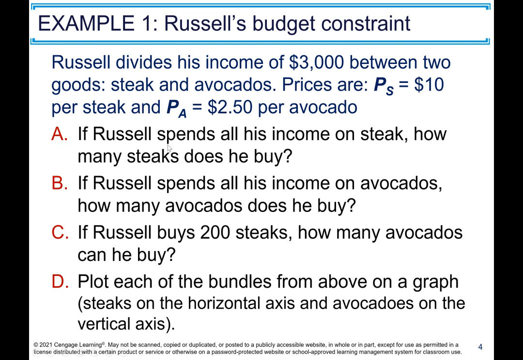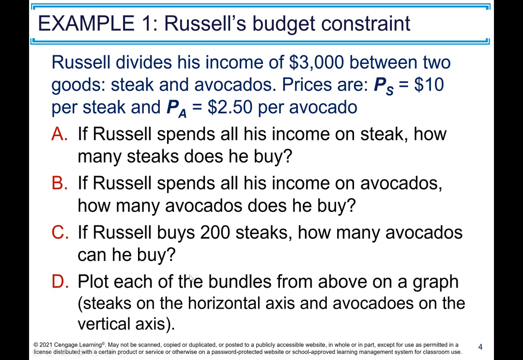A: if Russell spends all his income on steak, how many steaks does he buy? B: if Russell spends all his income on avocados, how many avocados does he buy? C: if Russell buys 200 steaks, how many avocados can he buy?